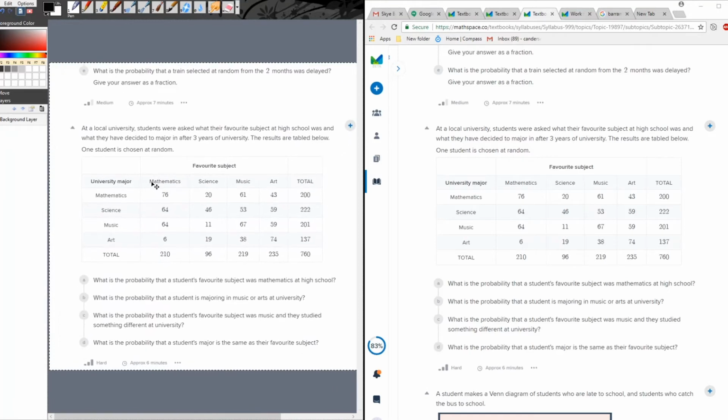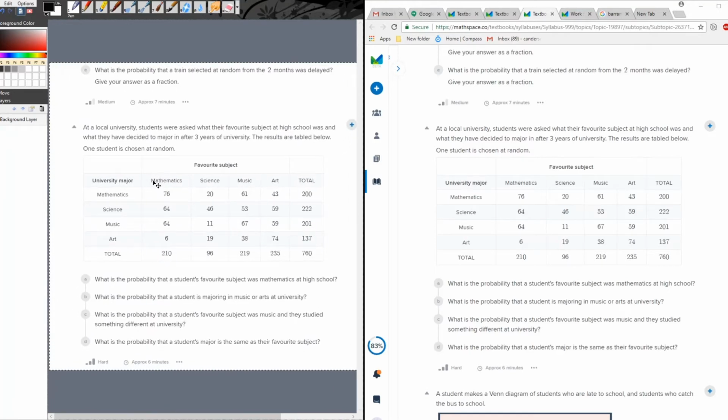So, what is the probability that a student's favorite subject was mathematics in school? So you need to look at the key words in this sentence. The key word being favorite. Favorite is also up here.